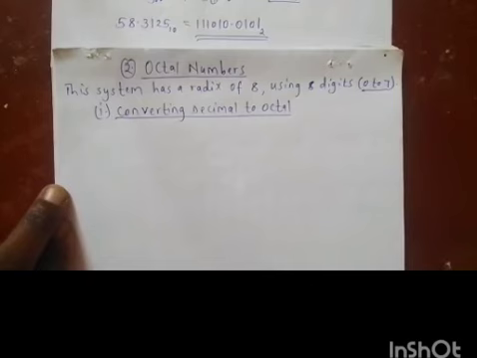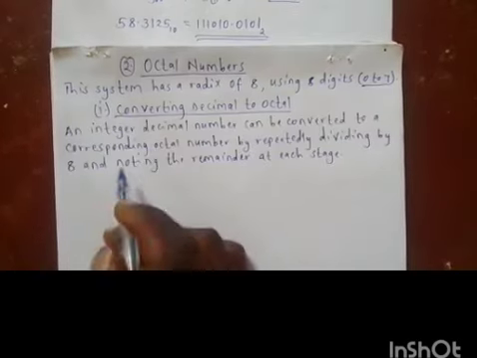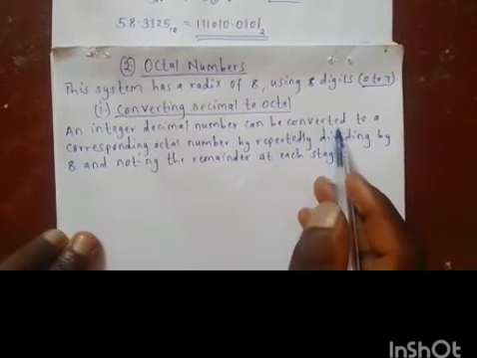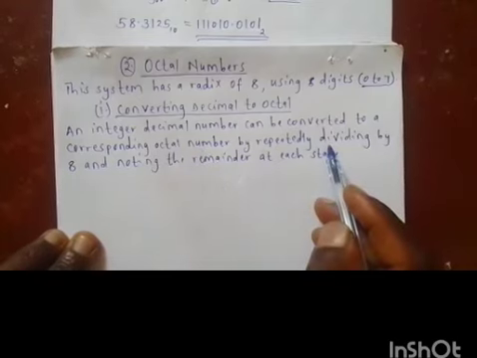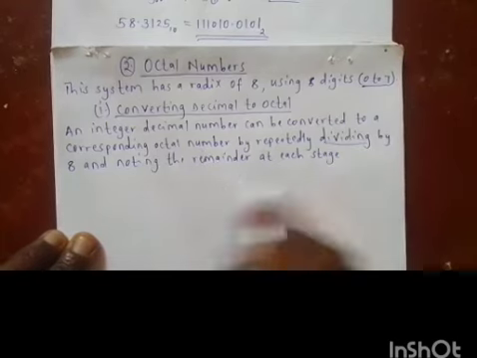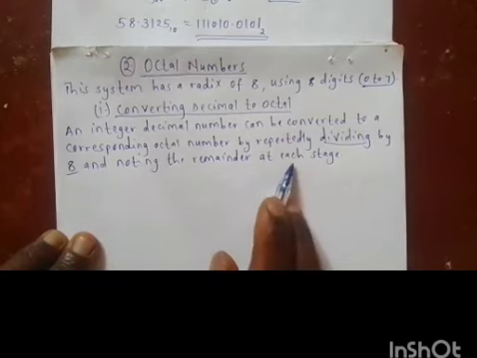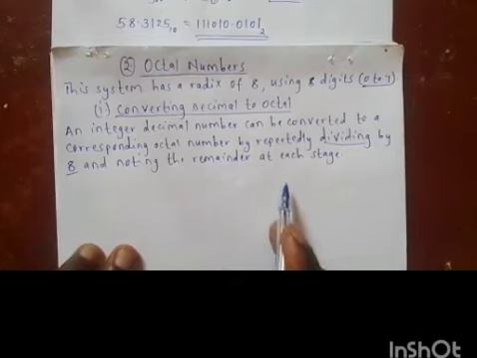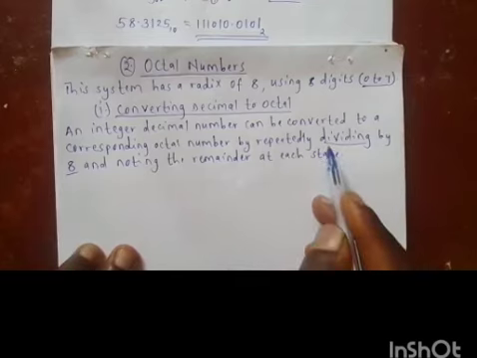But before that, we need to know that an integer decimal number can be converted to a corresponding octal number by repeatedly dividing by 8 and noting the remainder at each stage. This is the same as for binary numbers, but in this case it is dividing by 8.